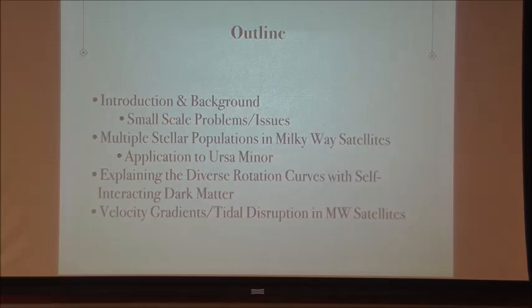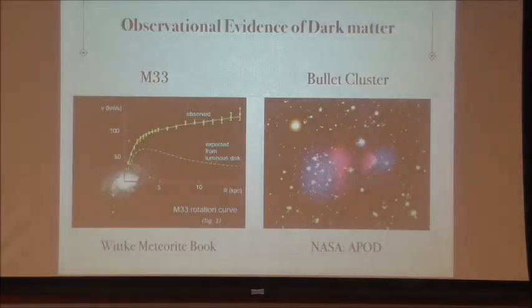Then a project we just submitted last week, looking at one of these small-scale problems, the diversity of rotation curves, and how we can potentially solve it with self-interacting dark matter. And the last project is searching for velocity gradients in Milky Way satellites, which I started here at A&M.